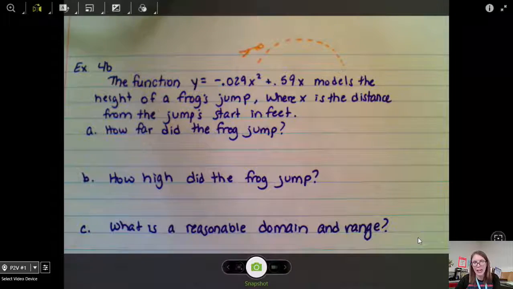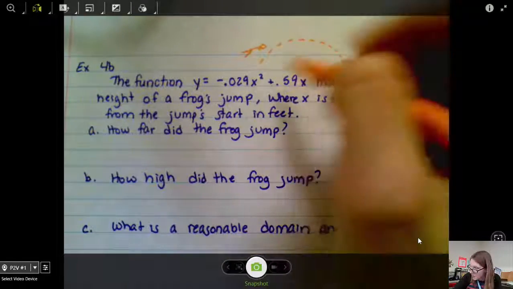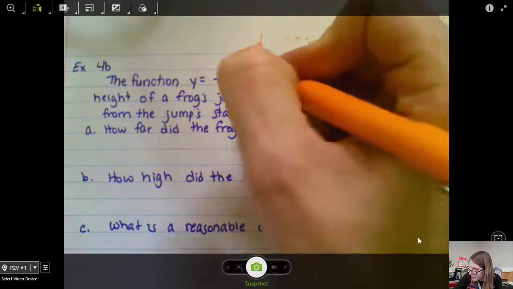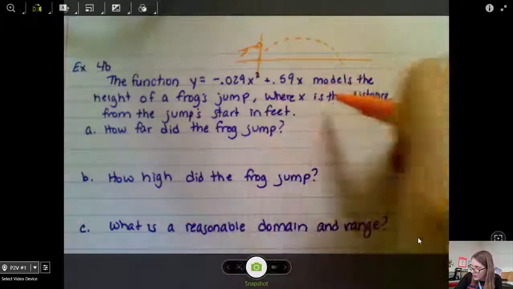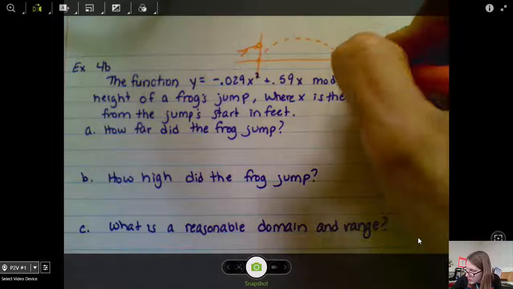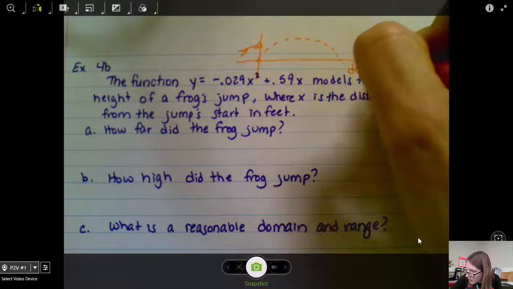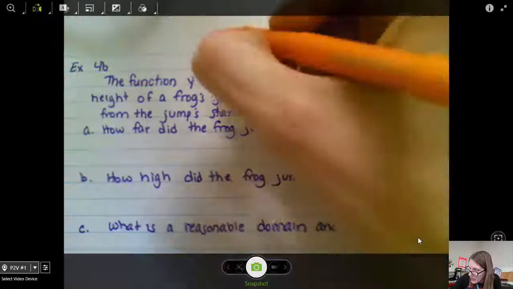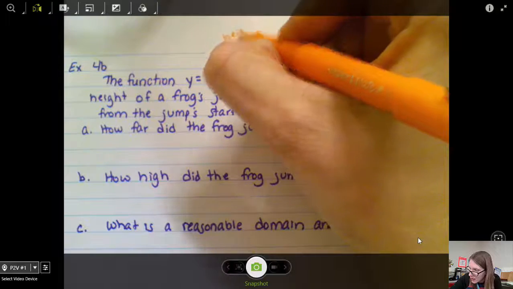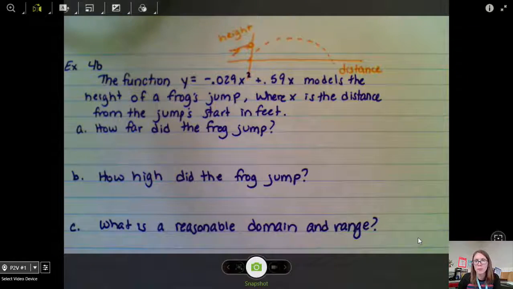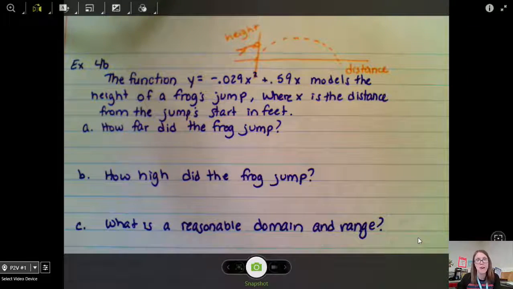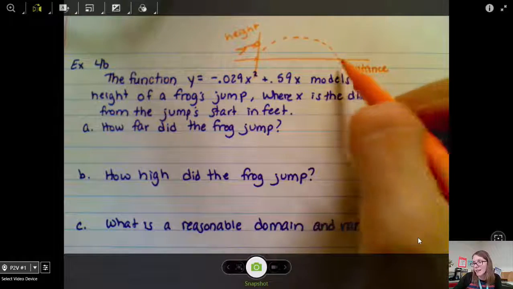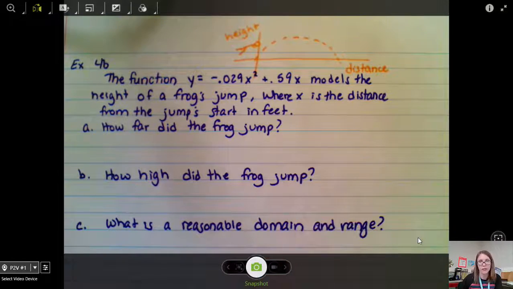We want to figure out how far the frog jumped. Well, let's think of what my variables represent here. So x is the distance from the jump's start in feet, and y is representing the height of our frog's jump. If I want to find how far the frog jumped, I need to find this x-intercept over here.